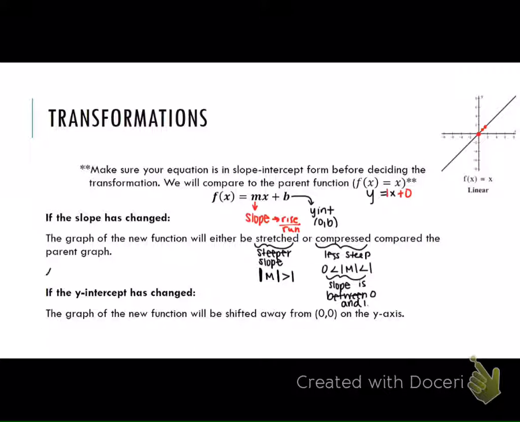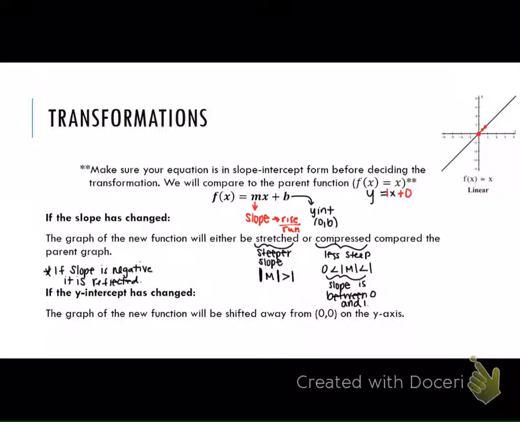Guys, if your slope is negative, it is reflected. So if your slope is negative, it is reflected. If your y-intercept has changed, meaning it's no longer 0, the graph of the new function will shift away from 0, 0 on the y-axis.